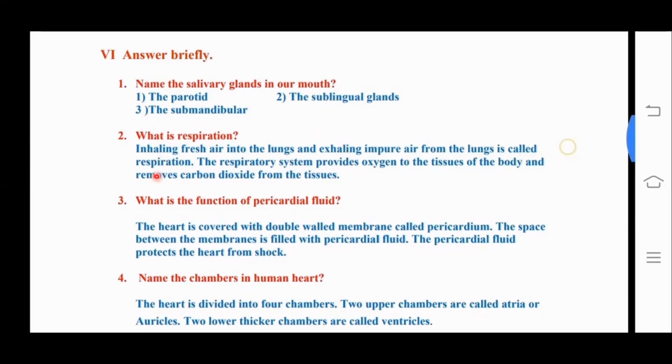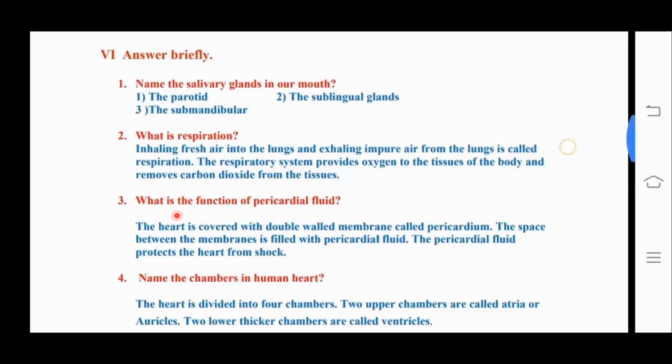That is known as respiration. The respiratory system provides oxygen to the tissues of the body, and it also removes the carbon dioxide from the tissues.